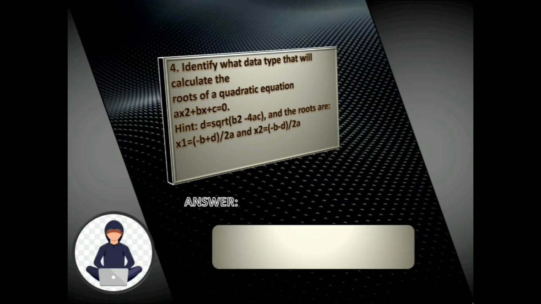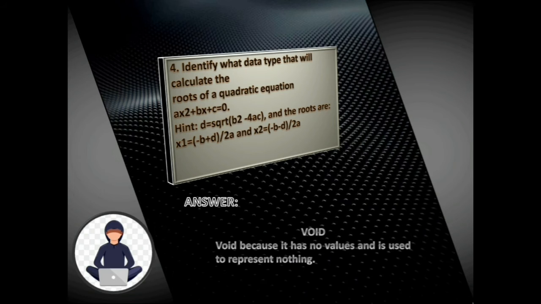Hint: D = sqrt(b^2 - 4ac), and the roots are x1 = (-b + D) / 2a and x2 = (-b - D) / 2a. The answer is void. Void because it has no values and is used to represent nothing.